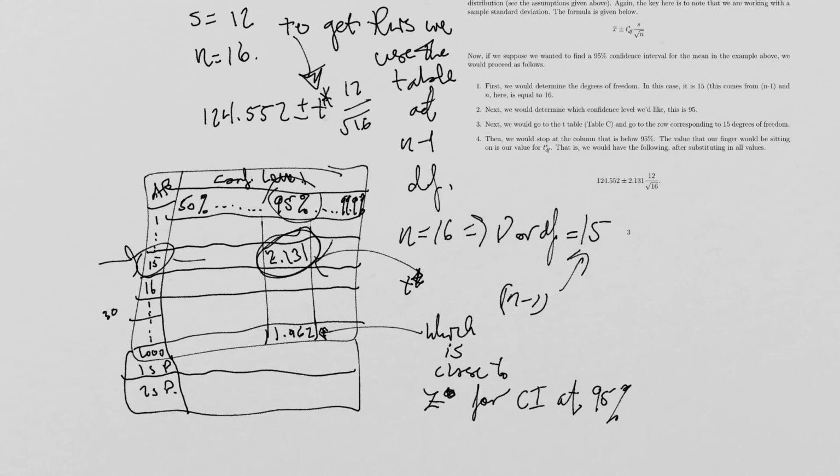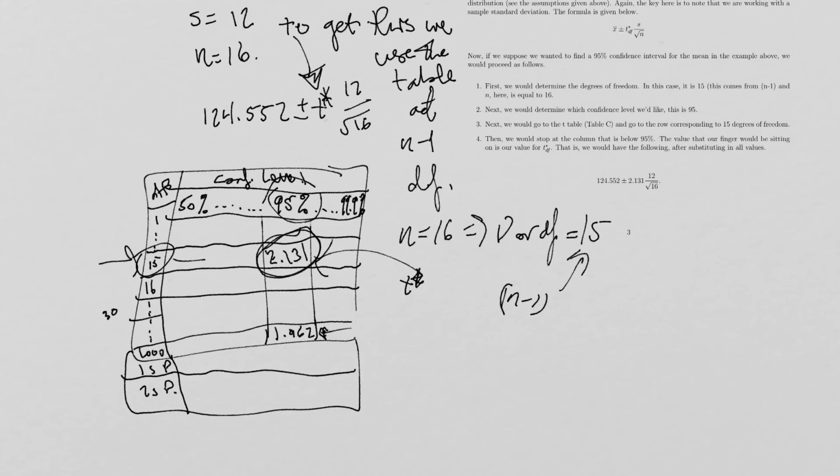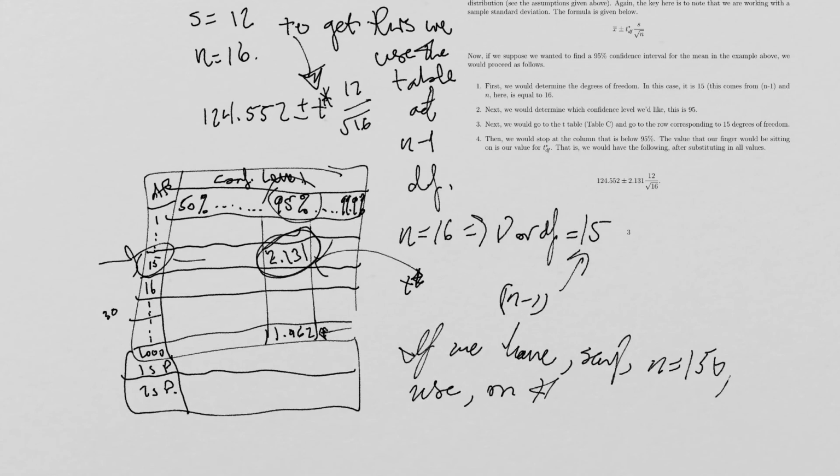So if we had, let me erase this, say n is equal to 150, use on the table degrees of freedom equal to 100.